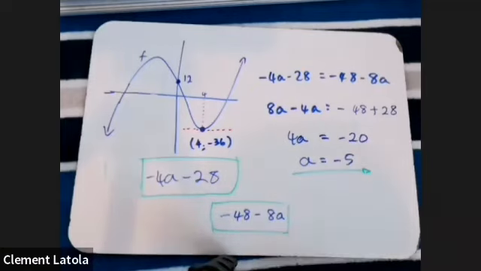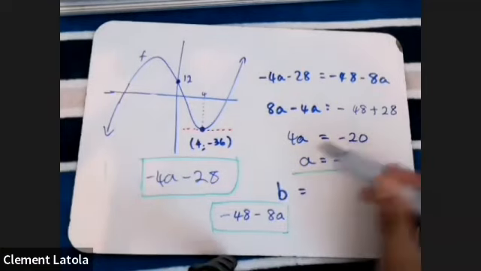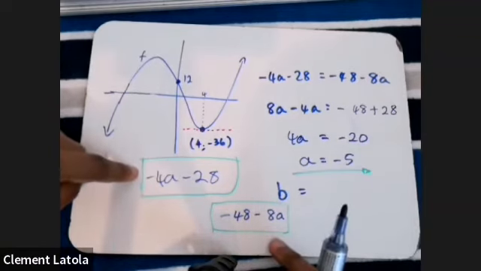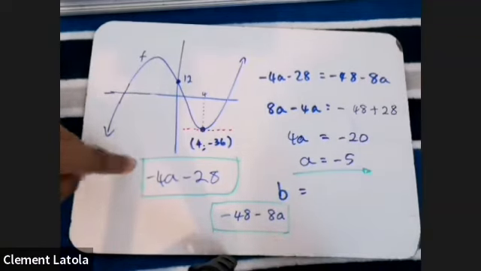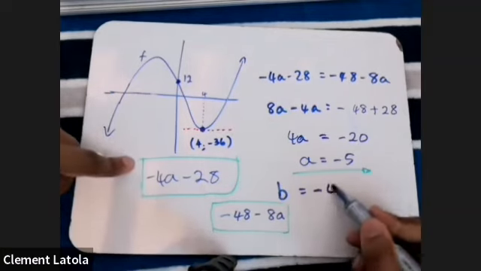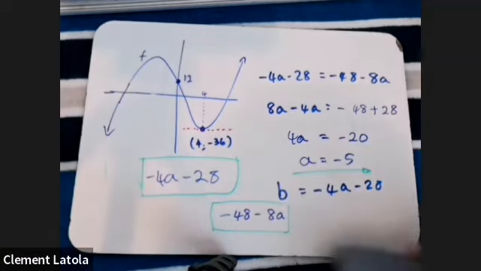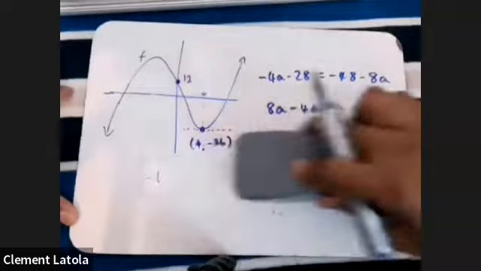Now, to find b, we can substitute this answer for a into either of these equations. Okay, so I'm just going to choose this one. So b is equal to negative 4a minus 28. And I'll substitute a with negative 5.